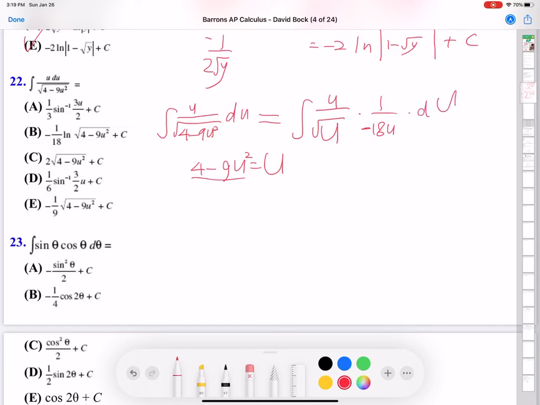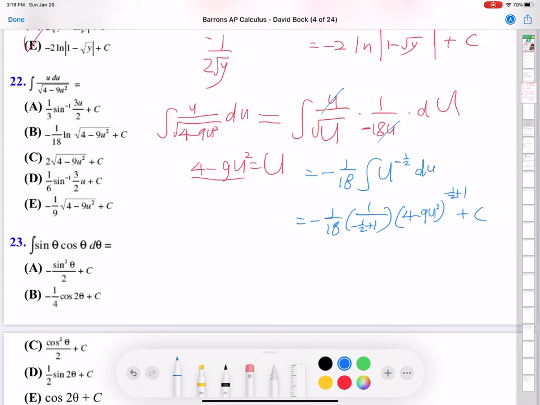The large U and the small u cancel out. Negative 1 over 18 is the coefficient, and the integral of 1 over root U, which means U to the negative 1/2 power dU. The negative 1 over 18 is still there, times U to the n plus 1 over n plus 1, plus c.